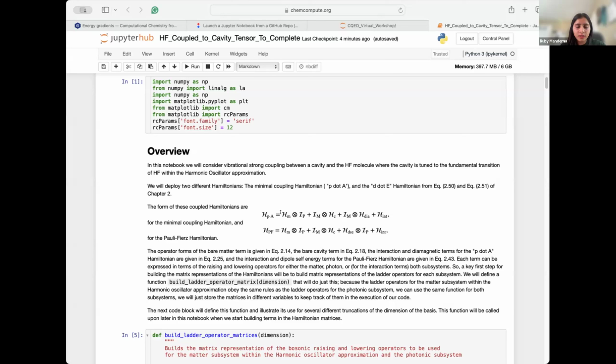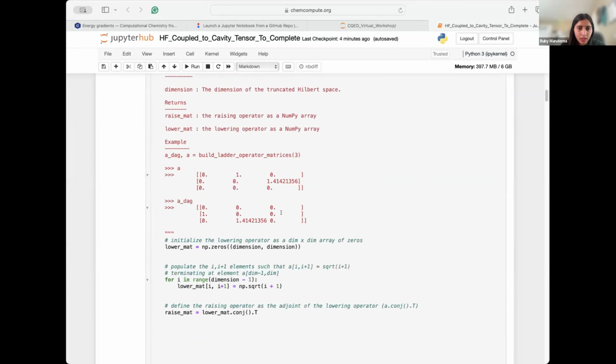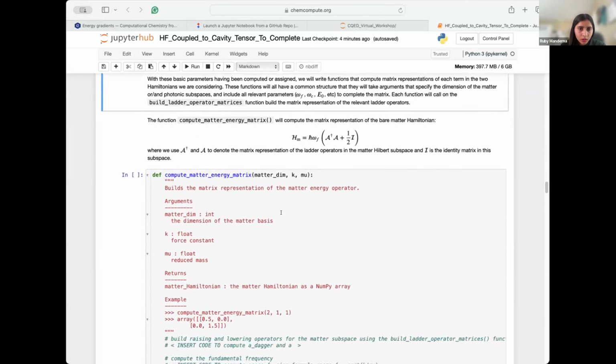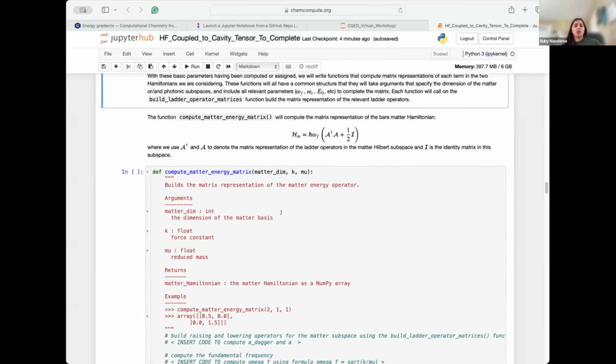For that, first we will build a function to build this matter Hamiltonian, the bare matter Hamiltonian term. And let me go back to the term. So this is how we have defined the matter Hamiltonian term.